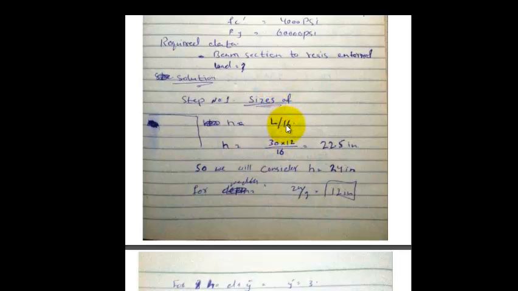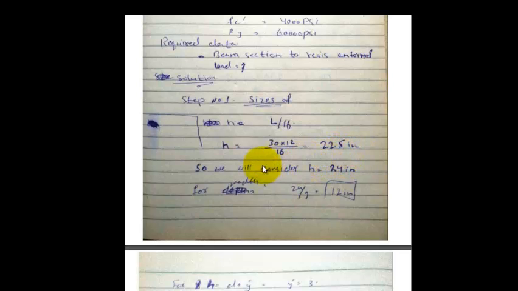The formula for this simply supported beam is length divided by 16, so we will get the depth. That is 30 our length, and 12 we multiply to change that length into inch, divided by 16, we get 22.5 inch.